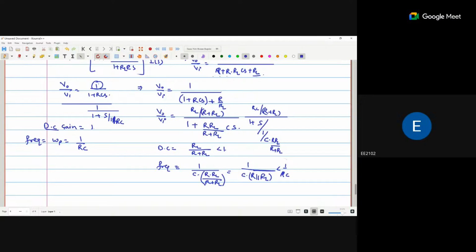So what is the effect of adding the load resistance? First, the DC gain is reduced. And second, the frequency of operation is also reduced.